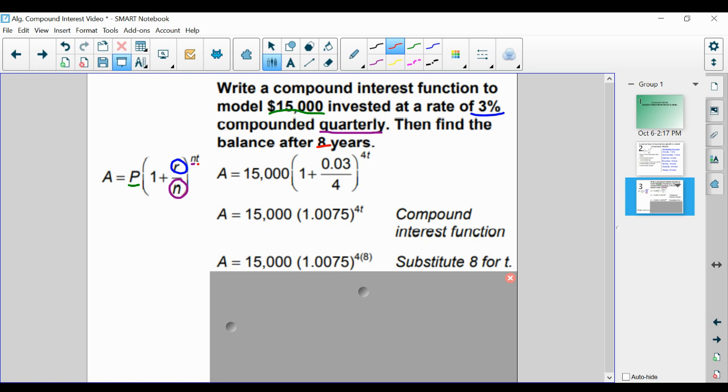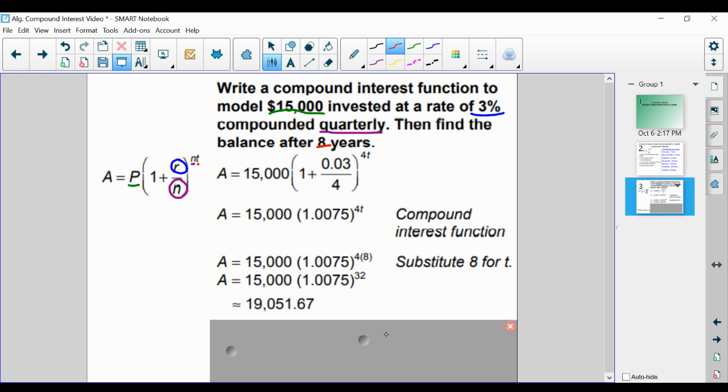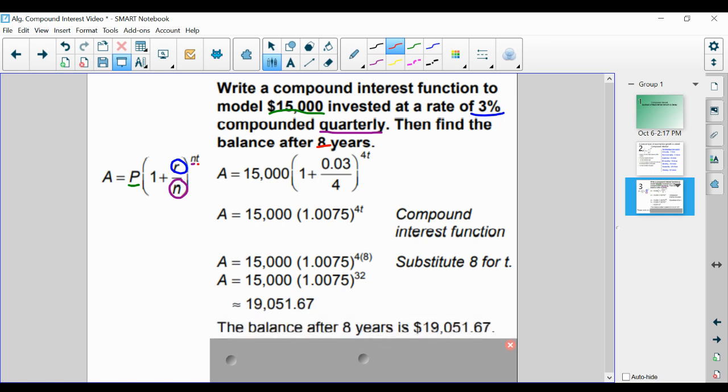It's 8 years, so we substitute it in. Now we have the exponent of 4 times 8, which is 32. We take out our calculator, and we find that we get about $19,051.67. So in those 8 years, you made just over $4,000 by compound interest, which is a beautiful thing, by the way. We're going to be talking more about this, especially in class.